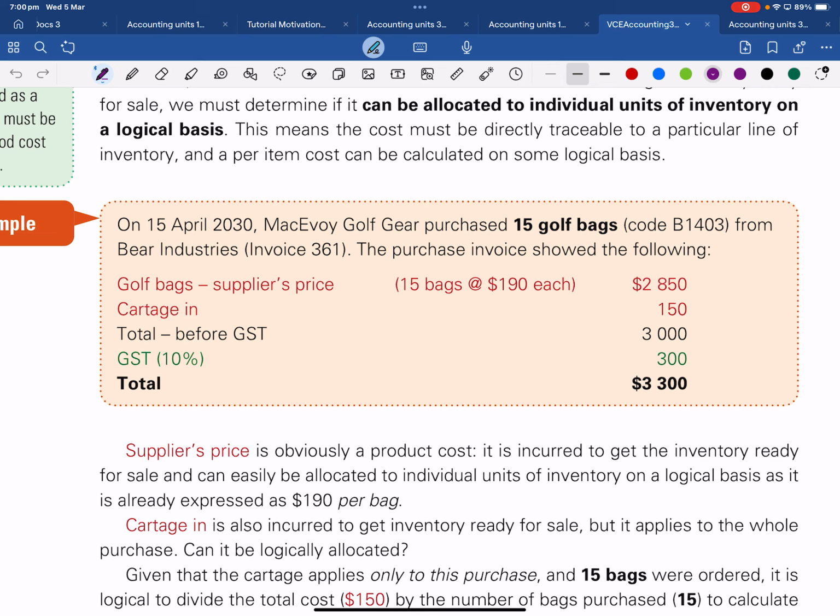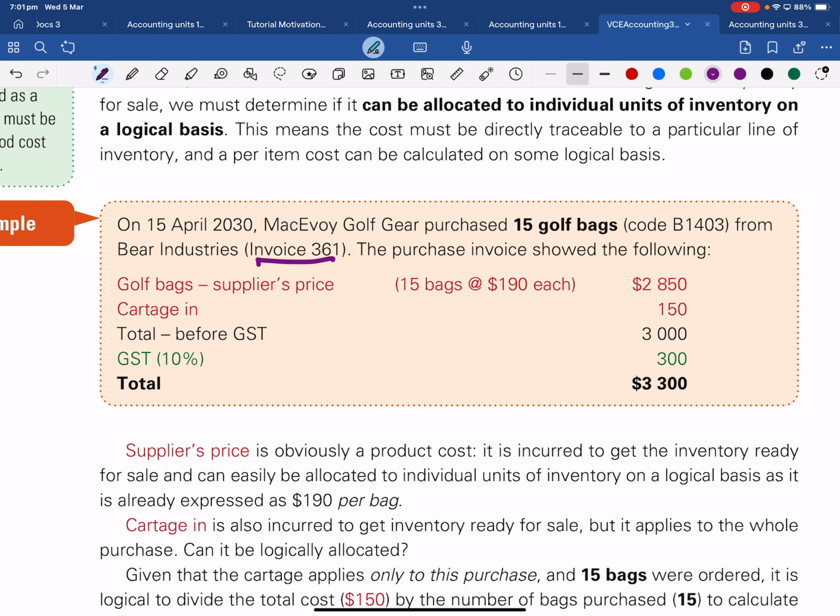On 15th April, McAvoy Golf Gear purchased 15 golf bags from Bear Industries, invoice 361.